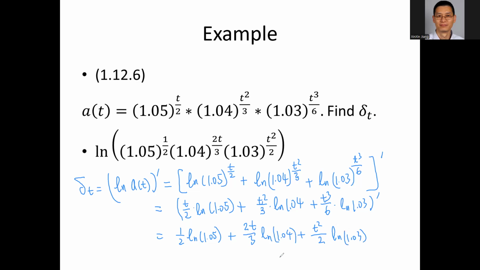And then you combine them. So that equals log of 1.05 to the half, plus log of 1.04 to the 2t over 3, plus log of 1.03 to the t squared over 2, and then put them together. Again, the sum of the logs equals log of the products. So that's the answer.